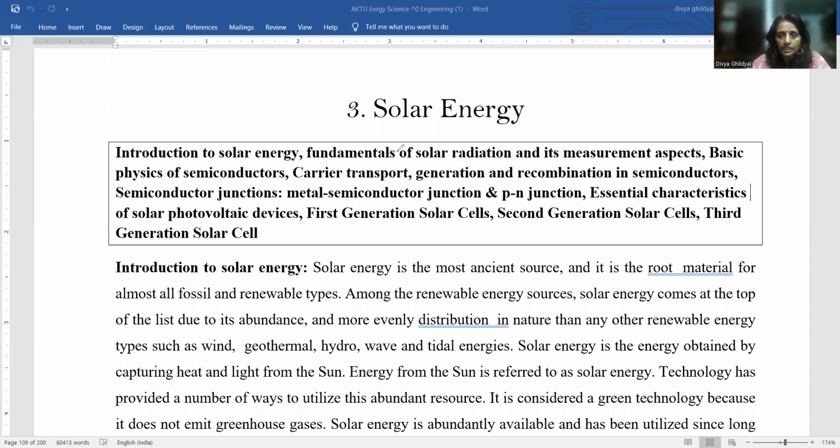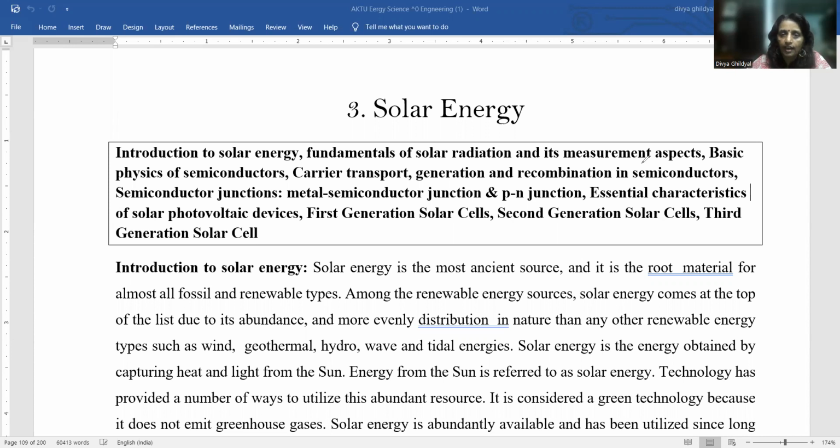The fundamentals of solar radiation and its measurement aspect. This is something new for you. You should have basic knowledge of the basic angles involved in the construction of a building, an office, a house, or anything where the first demand of the buyer is that sunlight should be proper at the residence, especially after the corona outbreak.